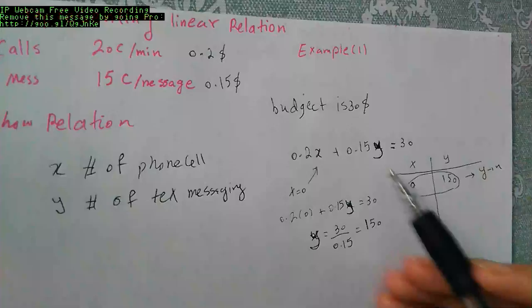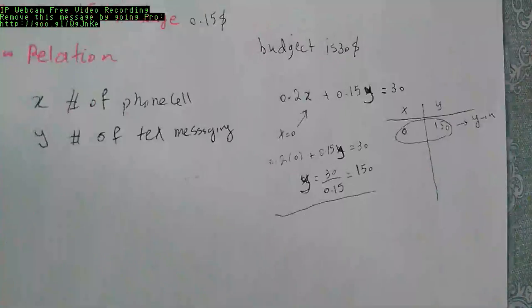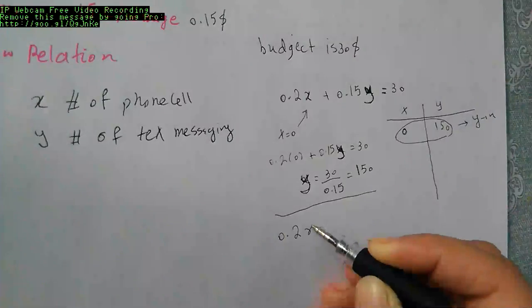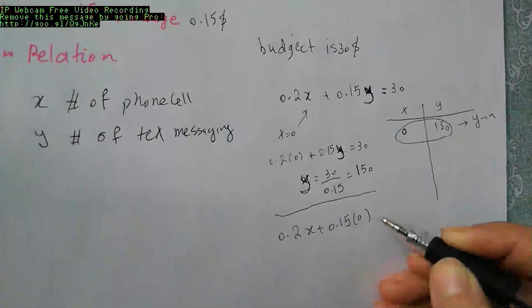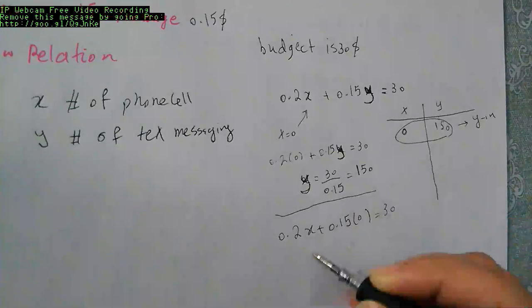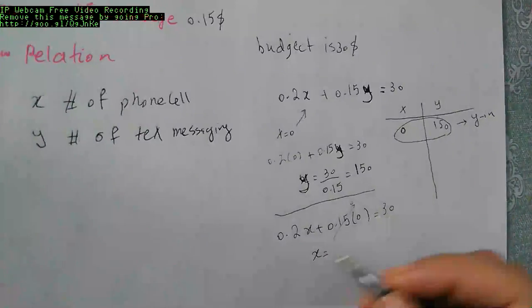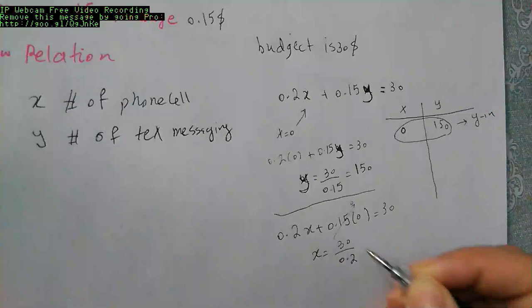Also, you can put y as 0 and find the x. If you put y as 0, this term is gone, and x is going to be 30 divided by 0.2.